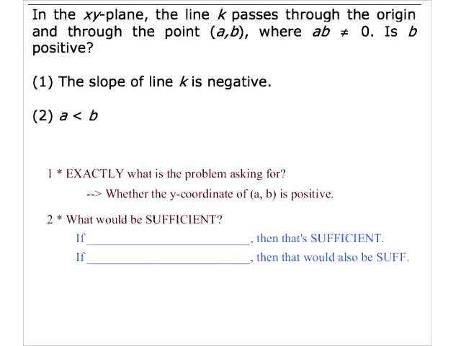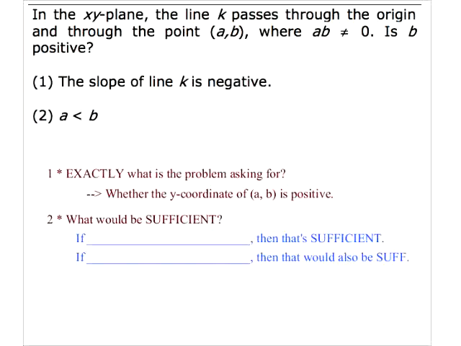So for you guys talking about slope and stuff like that, that's too much reasoning. I'm just looking for exactly what we are trying to find in the problem, because a lot of people are not as clear on this as they think they are. We don't care about slope in this problem, at least not ultimately. Slope might help us find stuff, but that's got nothing to do with sufficiency.